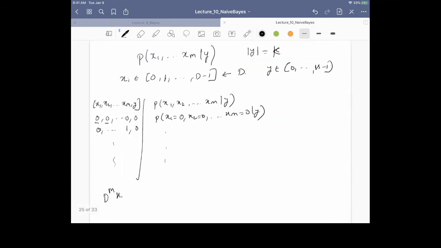So I basically need to learn each of these probabilities because I'm not really making any assumption. But when I do Naive Bayes, what I'm doing is that I just need to store these values.